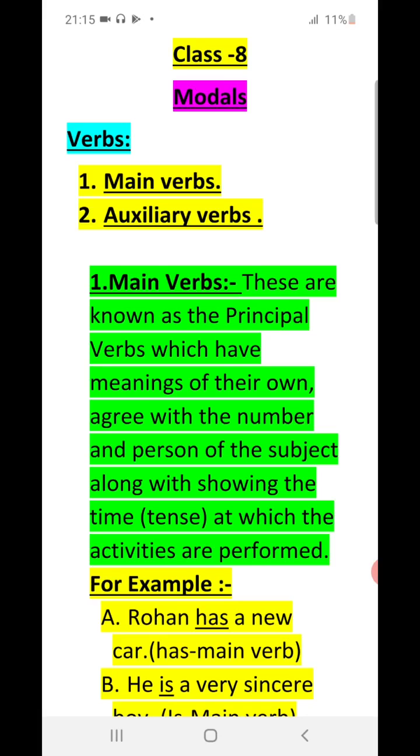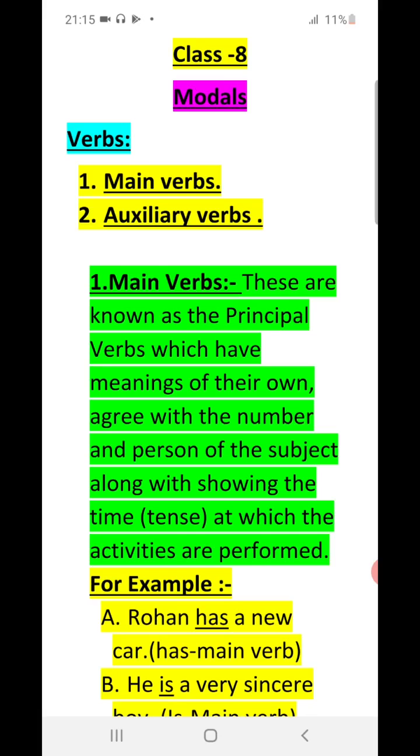Means, these are considered basically as important verbs or those which occupy the most prominent position in different kinds of sentences, which have meanings of their own, or they can stand on their own.